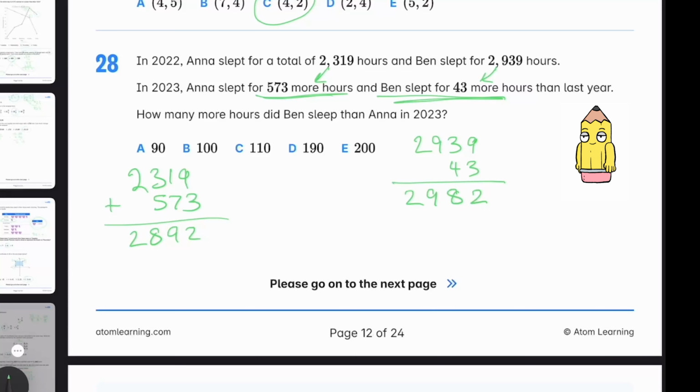We can now find how many more hours Ben slept than Anna in 2023 by subtracting Anna's number from Ben's. So that would be 2,982 minus 2,892, giving us 90. So Ben slept for 90 more hours than Anna in 2023.